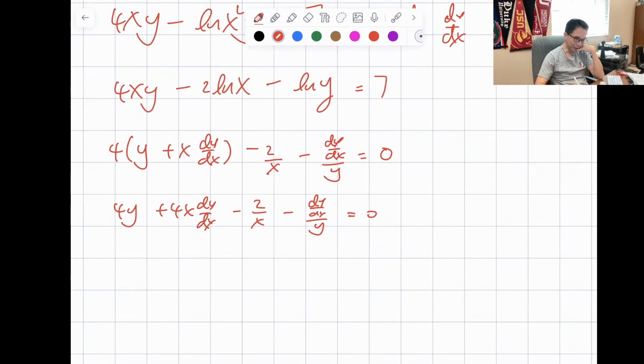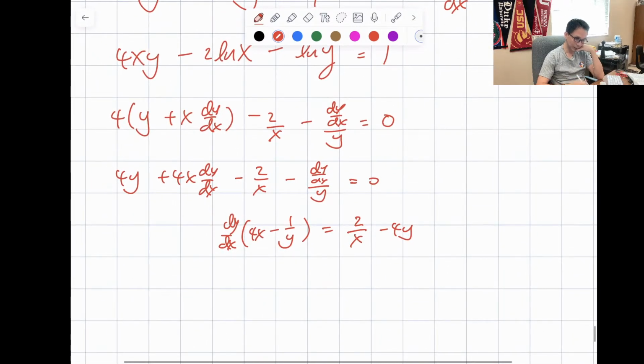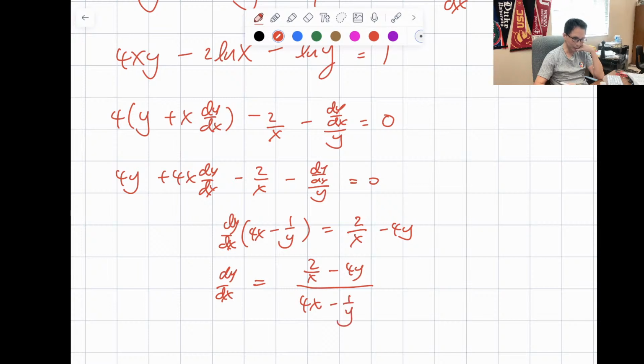I'm going to move everything non-dy/dx to the other side, so it'll be 2 over x minus 4y. And I'm going to take a dy/dx out, so it's going to be 4x minus 1 over y. So dy/dx is equal to (2 over x minus 4y) over (4x minus 1 over y).